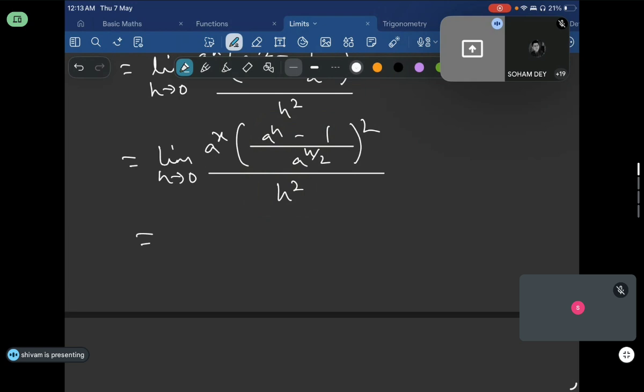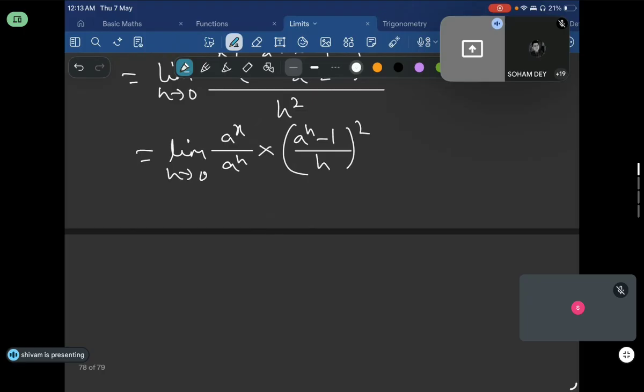Taking e to the power h by 2 outside, this will become limit h tends to 0, e to the power x upon e to the power h multiplied by e to the power h minus 1 upon h whole square. So e to the power h minus 1 upon h will become ln a whole square. Okay, everyone? So let us substitute h equal to 0. This will become e to the power x multiplied by ln a whole square. Tell me, anyone having any doubt, you can ask me now.